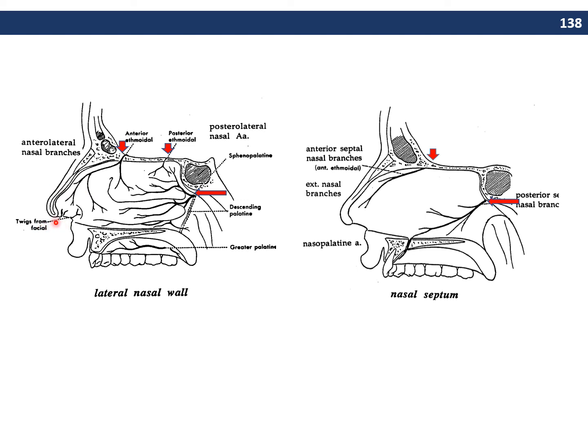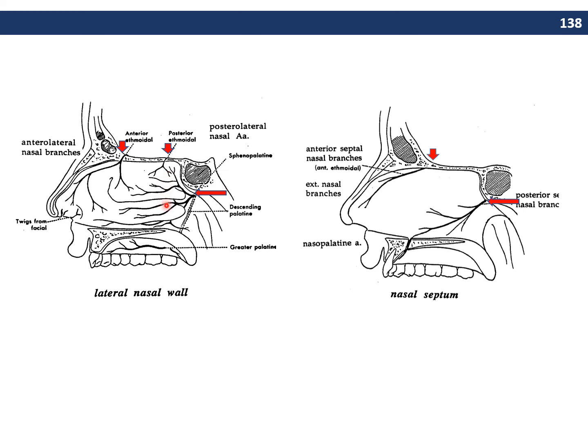There are a couple of small branches from the facial artery on the face, and they sometimes anastomose with each other. The sphenopalatine came through the sphenopalatine foramen and gave these posterior lateral nasal arteries.